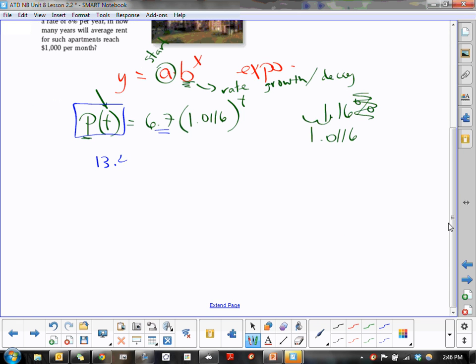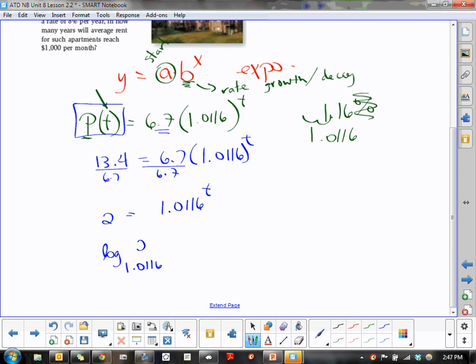If 13.4 is double, how long will it take? If we continue on a growth rate of 1.16%, how many years will it take for our population to double? Divide by 6.7. That gives us a nice neat 2. It better be a 2. We just said it was going to double there. What do we need to use? Logarithm. It's going to be a logarithm of what base?